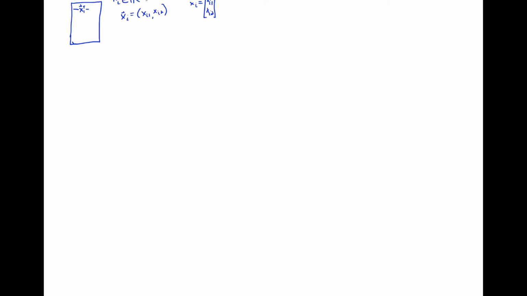So if we compute xi transpose, that's the row vector version of our input vector, xi1 and xi2.